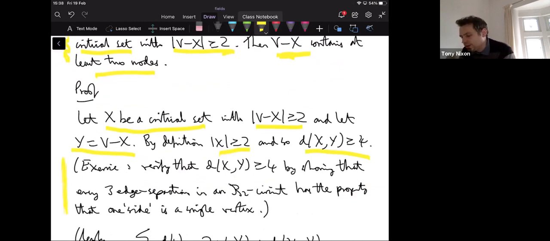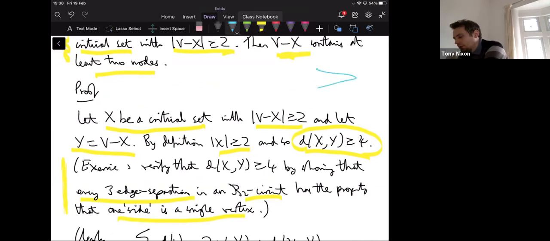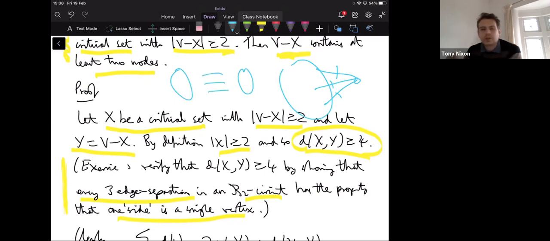To verify this, one way to do it is to show that every free edge separation in a circuit has the property that one side is a single vertex. It's clearly true you can have a free edge separation because you can have vertices of degree 3. But if you have at least 2 vertices on the 2 sides, you can't just have free edges between them.